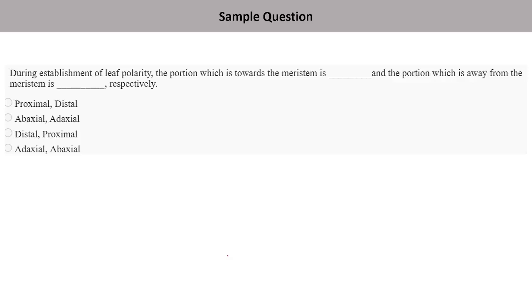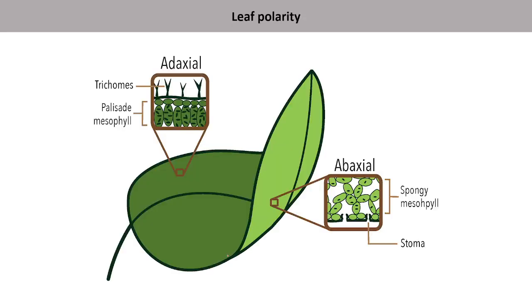Okay, so to understand this question, let's first understand leaf polarity. There are two surfaces of the leaf. One is called the adaxial surface and the other is called the abaxial surface. The top side of the leaf, which has the trichomes and the palisade mesophyll just below them, and which is exposed to the sunlight, is called the adaxial surface.